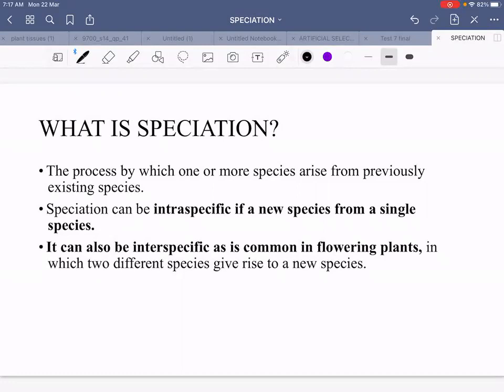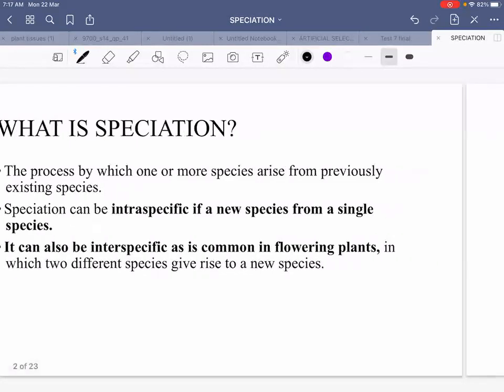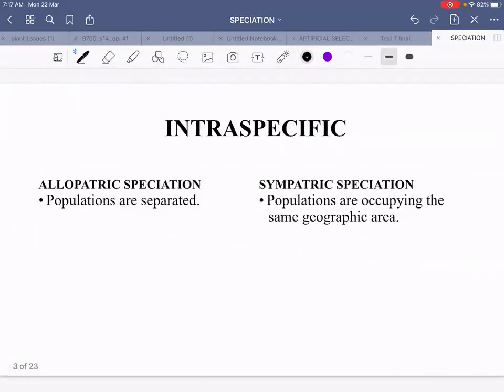Speciation can be intraspecific. So let's start with intraspecific. In intraspecific, we have allopatric speciation and sympatric speciation. Allo means other and patria is the word coming from land. So this means a speciation that happens within one species, but that species has been geographically separated by some natural disaster, river, earthquake, whatever.